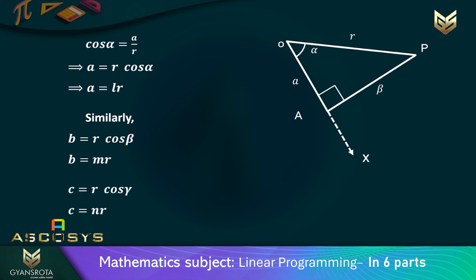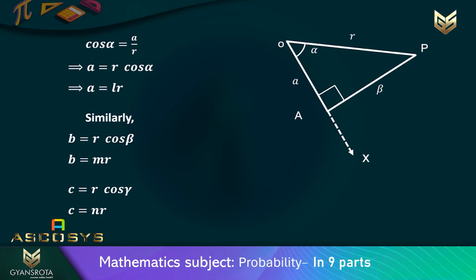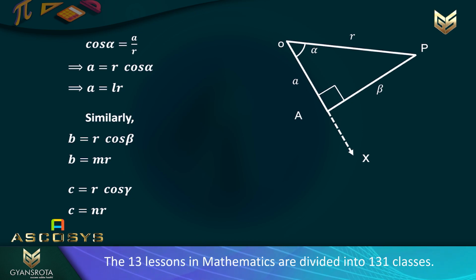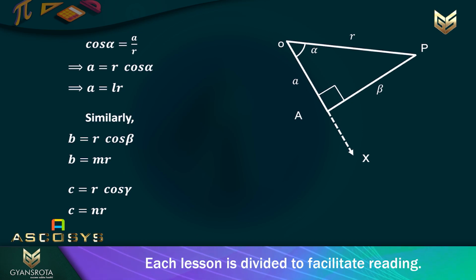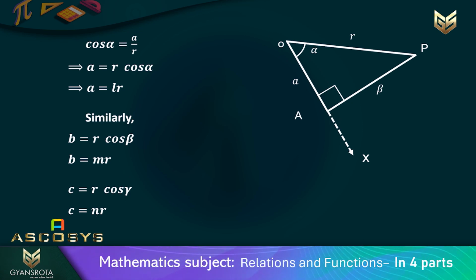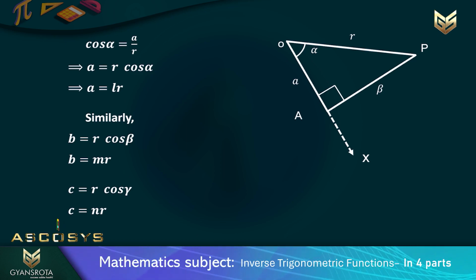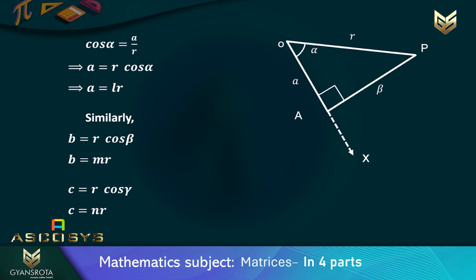Again I am repeating, what are L, M and N? They are cos alpha, cos beta and cos gamma. And these cos alpha, cos beta and cos gamma are also known as direction cosines because they will give you the position of the point P. That means these direction cosines will give you the position of a vector or the direction of a vector.